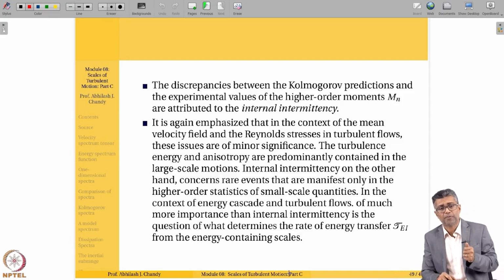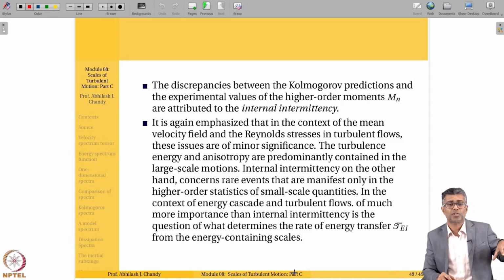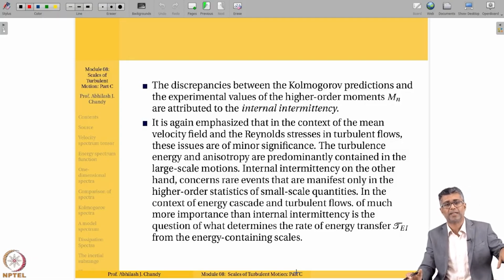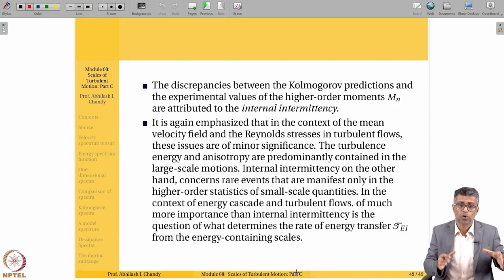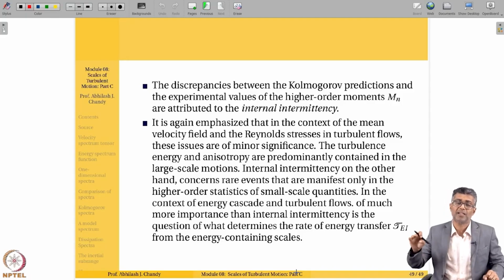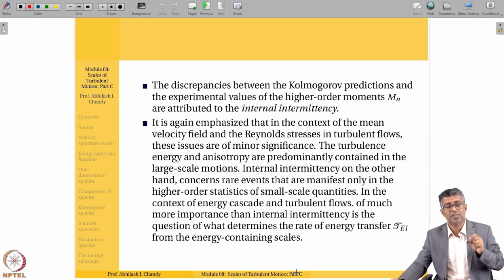Again, it should be emphasized that in the context of the mean velocity field and the Reynolds stresses, these issues are of relatively minor significance. The turbulence energy and anisotropy are predominantly contained in the large scale motions. So as long as you are covering that, then you are okay. Internal intermittency, on the other hand, concerns rare events that only manifest in the higher order statistics of small scale quantities. We only see that in the small scale quantities.